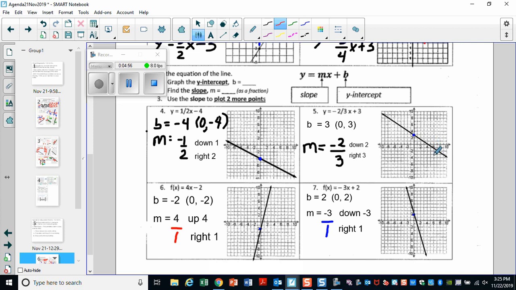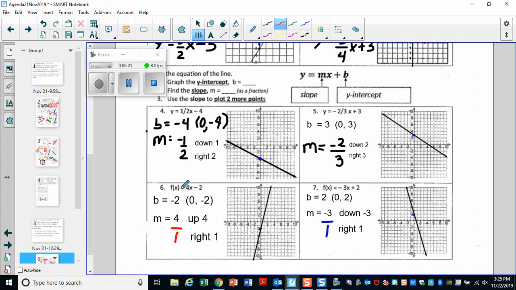Down 2, to the right 3, and so on. Now, whenever we have whole number or integer values for our slope, we need to rewrite the slope as a fraction, which for a whole number is the number over 1. There you go, there's your fraction.